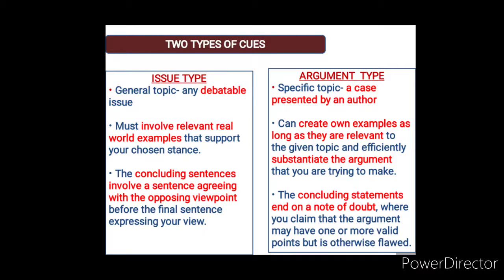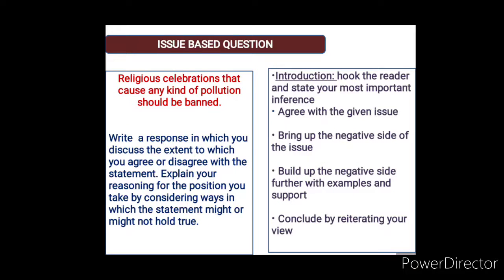The concluding statements end on a note of doubt, where you claim that the argument may have one or more valid points but is otherwise flawed. So this is how we can differentiate between issue type and argument type cues. I hope you all understood it. So you need to find out if the question is issue type or argument type.